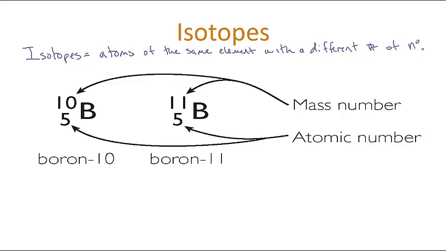So here I have an example of the boron atoms that we saw in class today, where these are two different isotopes of boron. We have boron 10 and boron 11. These are two different ways to symbolize the isotopes.